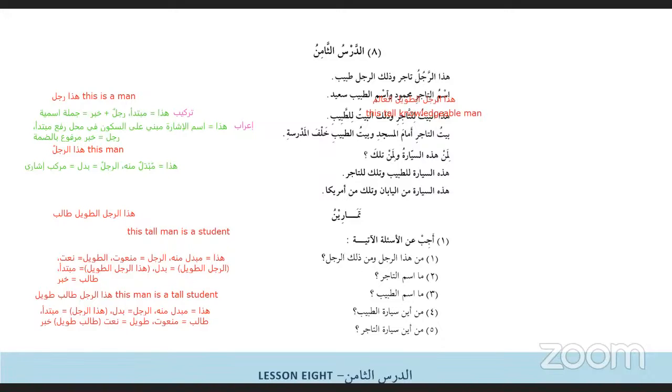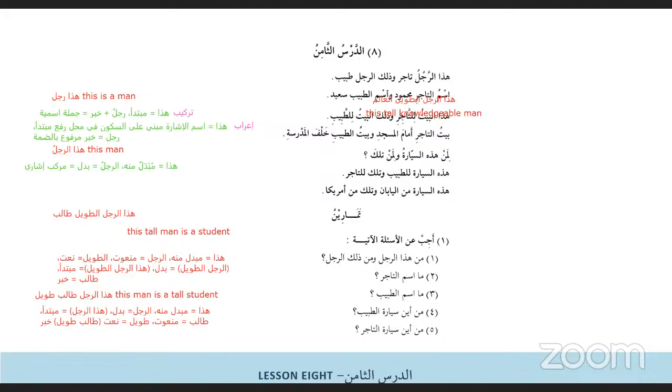Now منعوت الرجل with these two nats, الطويل and العالم, will form now to become the بدل of هذا. So I say that once more. هذا is مبدل من. الرجل منعوت. الطويل nat أول. العالم nat الثاني. And then منعوت الرجل with these two nats becomes بدل of هذا.